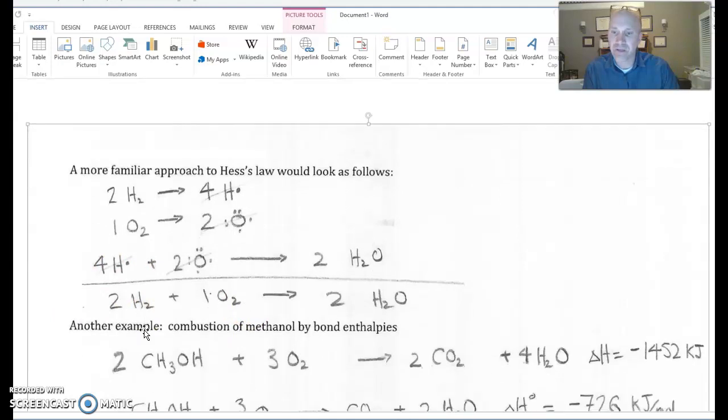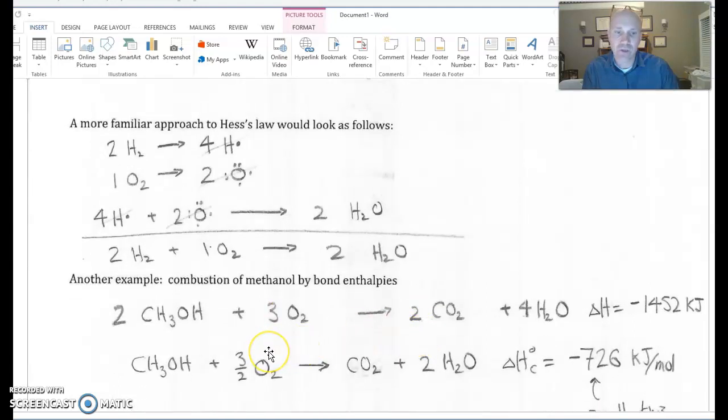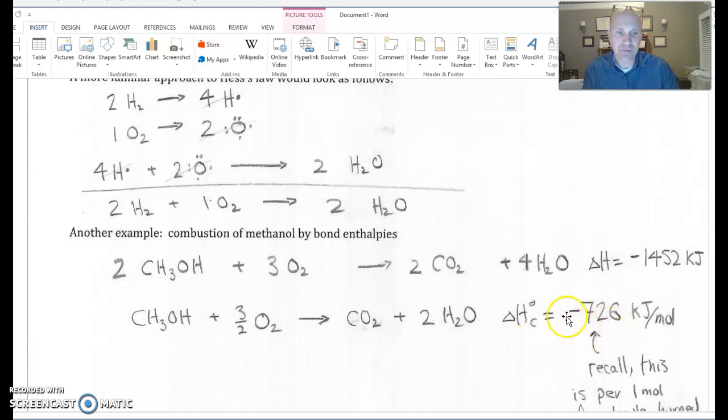So let's do one more example here. How about the combustion of methanol if we calculated that by bond enthalpies? Well, I'll skim over this. We can figure out what the actual enthalpy is. The actual enthalpy would be this value right here. And we get that from going to the data table and looking up the combustion enthalpies.